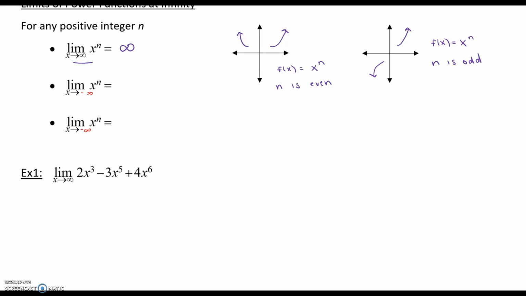Purple. So if x is approaching negative infinity, it's going to approach positive infinity if n is even, and as x is approaching negative infinity, it's going to approach negative infinity if n is odd.